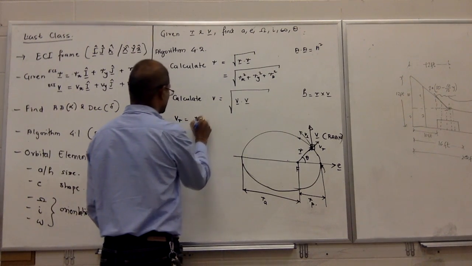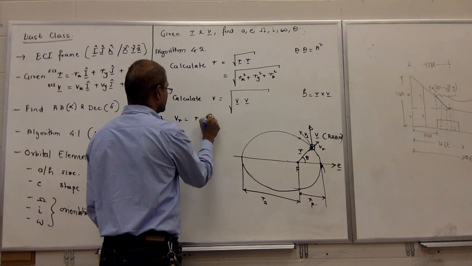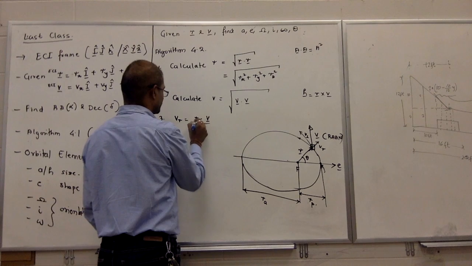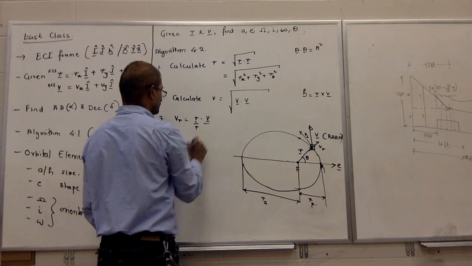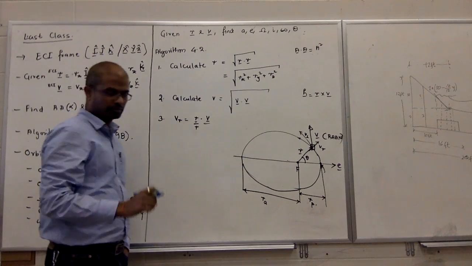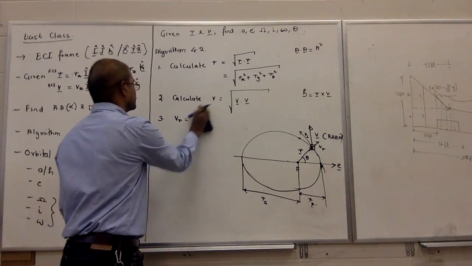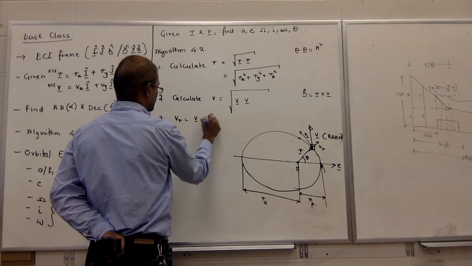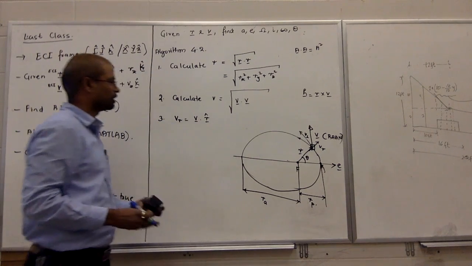R dotted with V over R. Does this make sense?